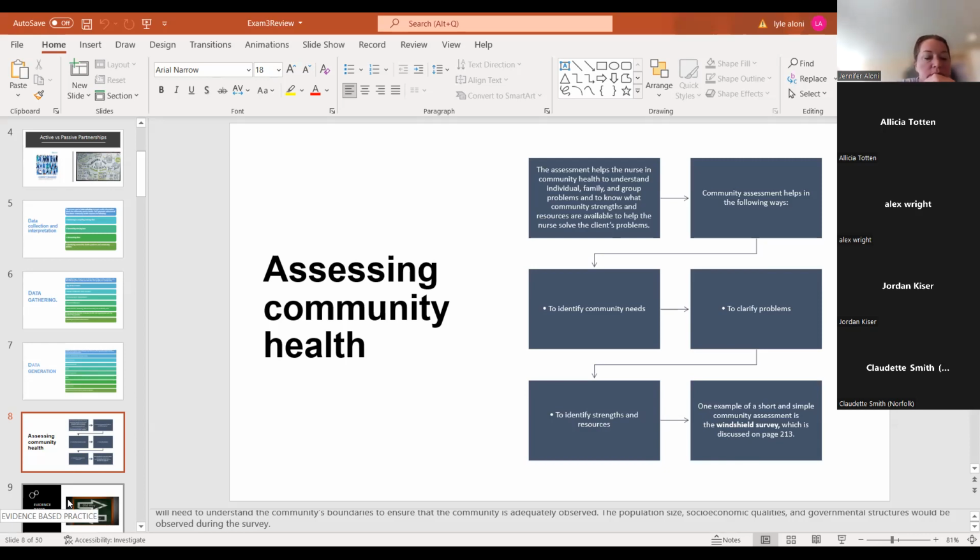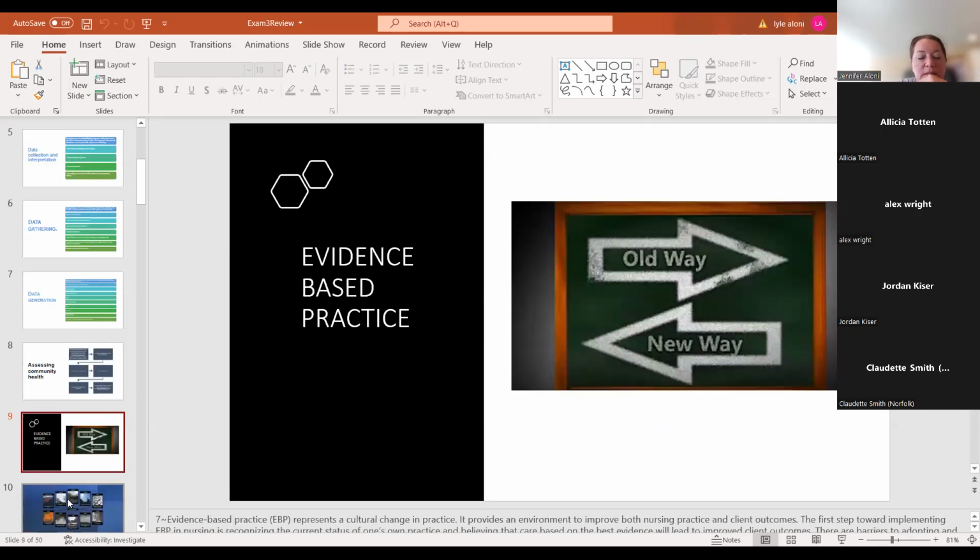Let me see here. Right, then we talk a little bit about evidence-based practice. And we know that this is how we practice as nurses. It provides a better nursing input and a better patient outcome because we use studies to determine what our practice is going to be. It's a current status of one's own practice and believing that best evidence will improve our care for our patients and how we perform.